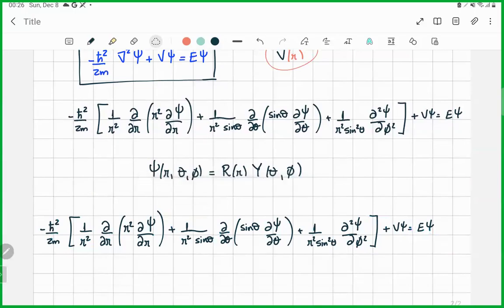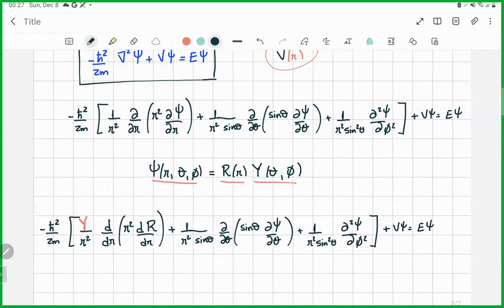And wherever there is this function, we are going to write R and Y. Okay, so let's start by doing this. Here, we are going to put Y, but Y does not depend on r. So let's put this Y outside. And here we are just going to keep the function of r. Well, since this is just a function of r, this derivative is no longer partial. Right, so we have here d/dr.